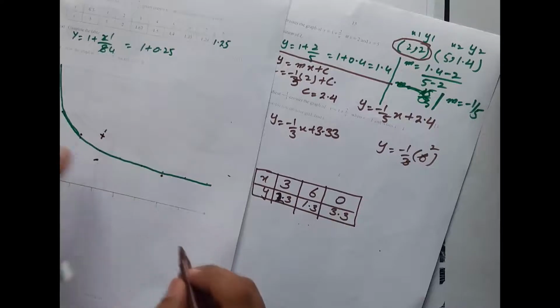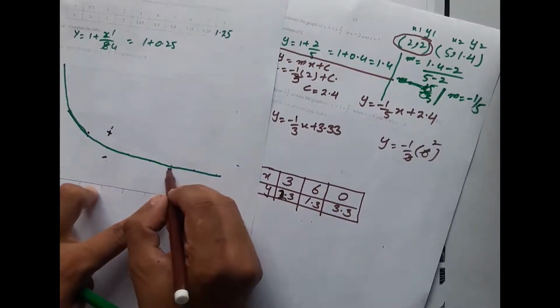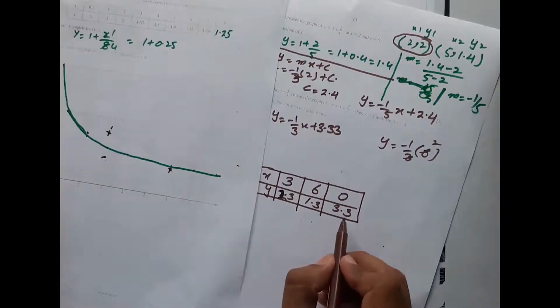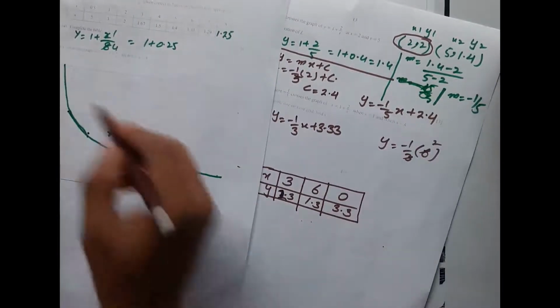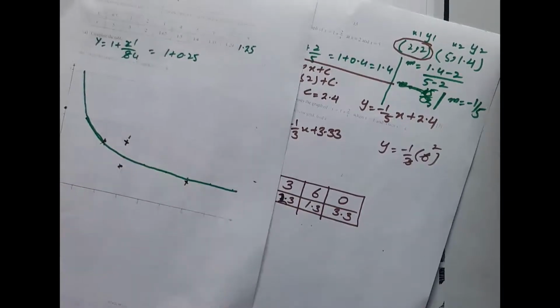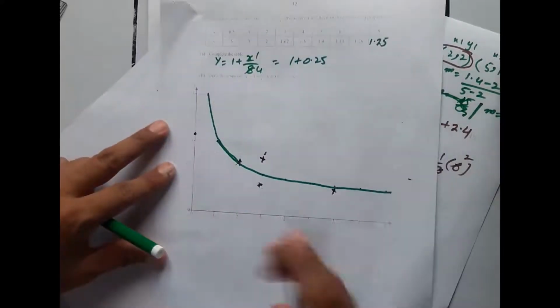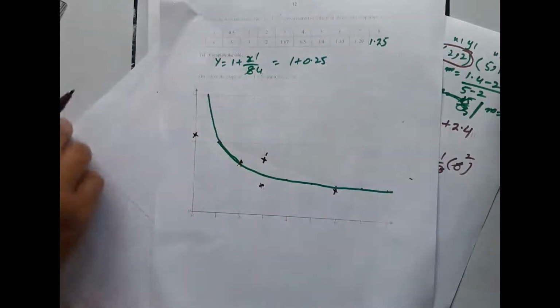Excuse me for the other points. 6 is 1.3, which is here. Then 0 is 3.3. All others are not points. Okay, now we have to join these points.